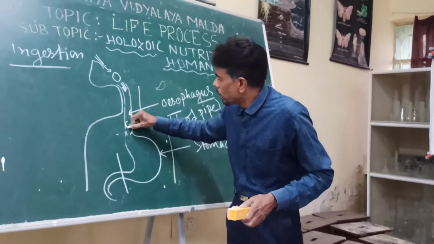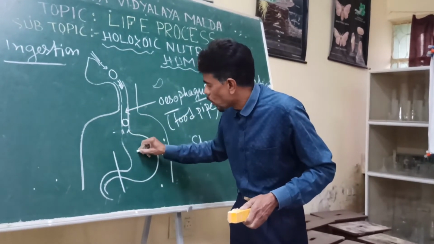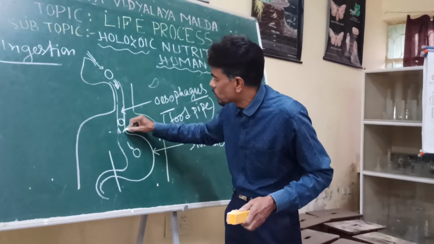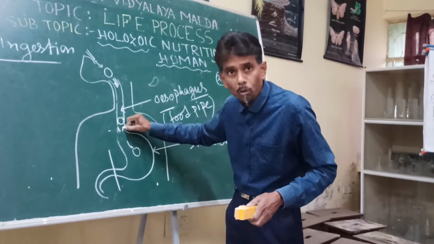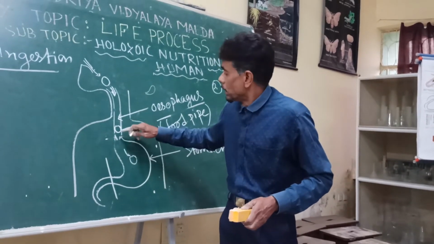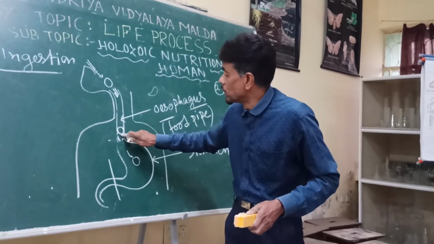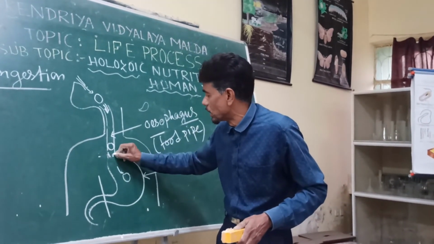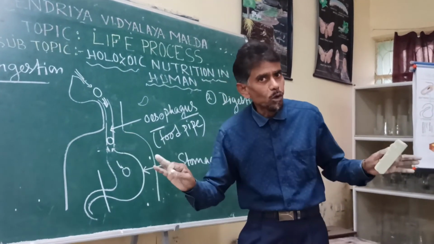This entry of food into the stomach is guided by a sphincter which will control the movement of food in one direction. Generally, this is what we call the gastroesophageal sphincter. Is that clear to you?